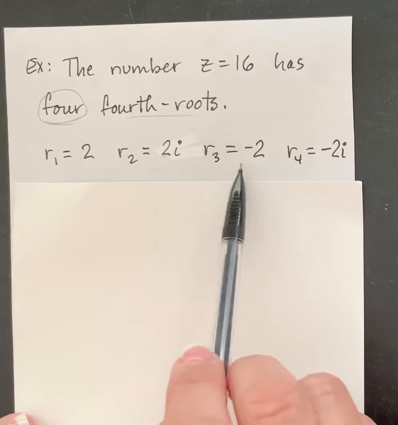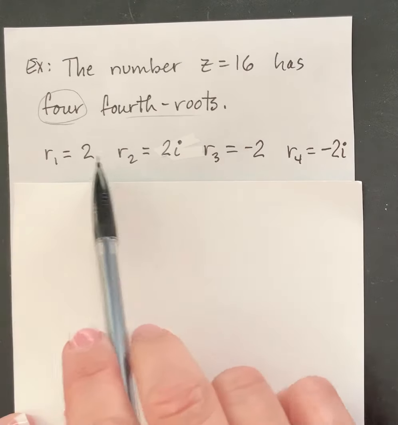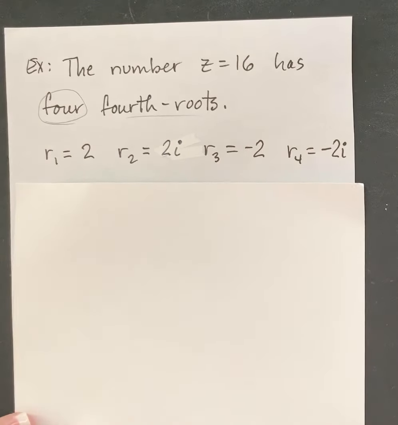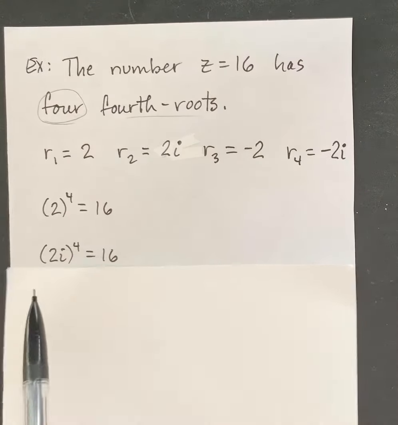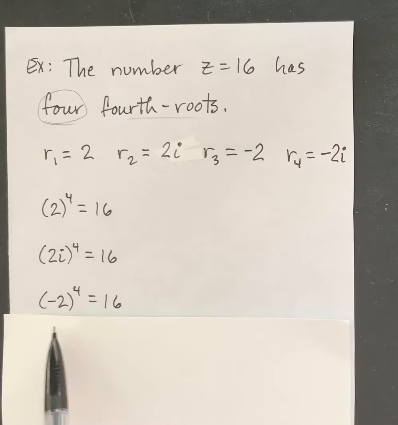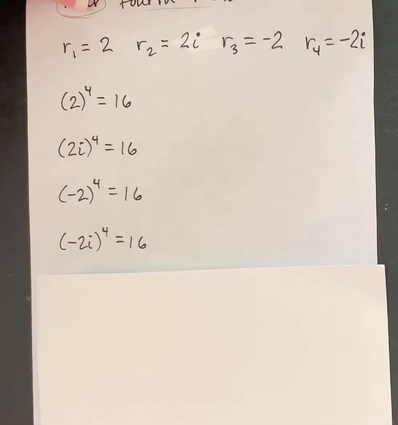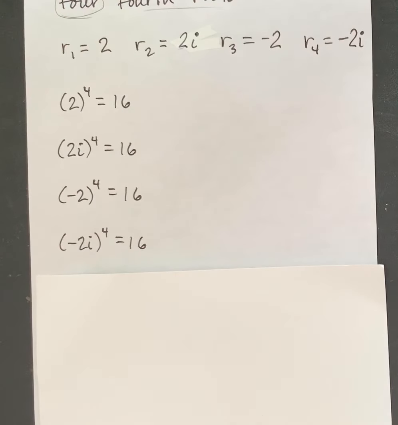So there's 4 distinct 4th roots. Any one of these raised to the 4th power, 2 to the 4th, 2i to the 4th, -2 to the 4th, or -2i to the 4th will lead you to the number 16. So that's why 16 has 4 4th roots.